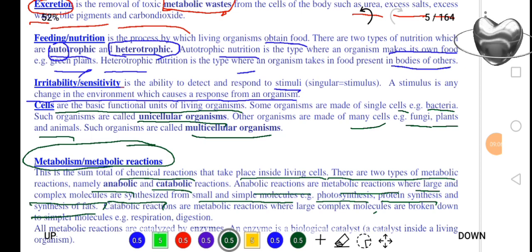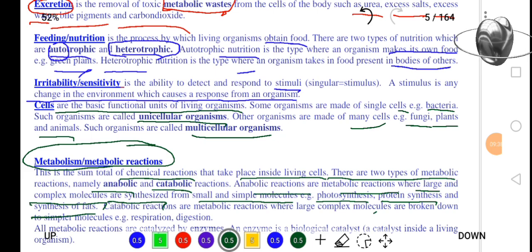We are combining the simple units of food nutrients to make the complex food substance, that is anabolic reactions. When we look at synthesis of fats, we combine fatty acids and glycerol so as for us to come up with the fats. Meaning we are using simple molecules to come up with the complex food substances, that is anabolic reactions.